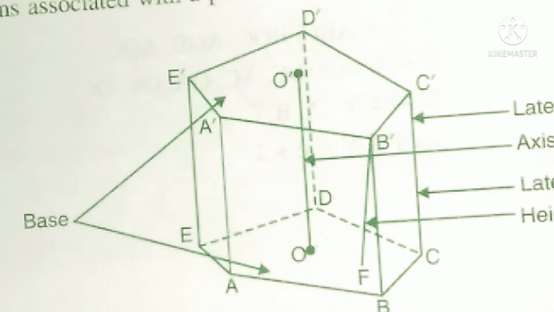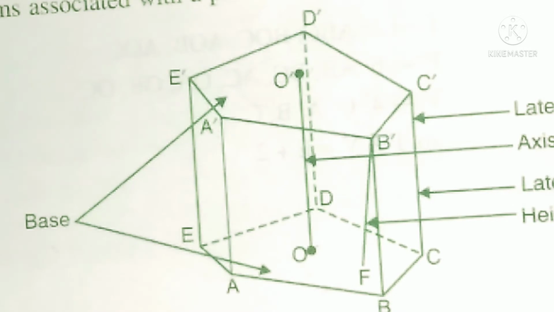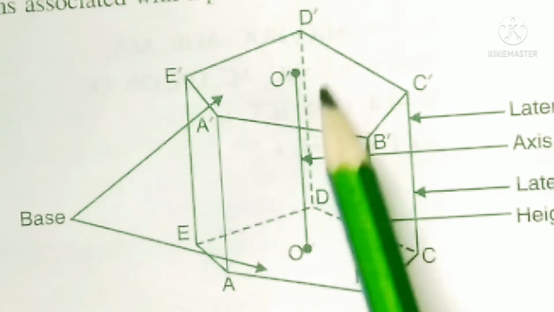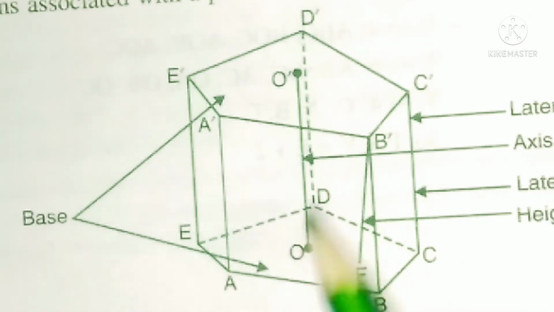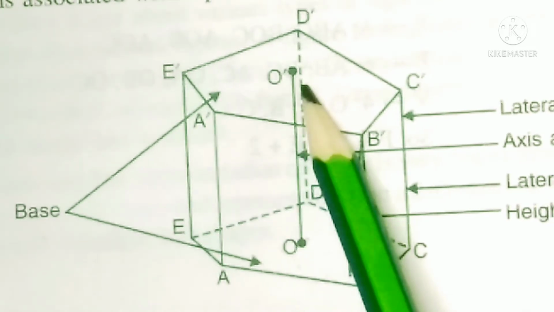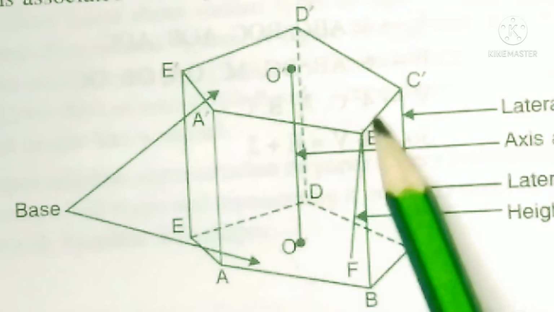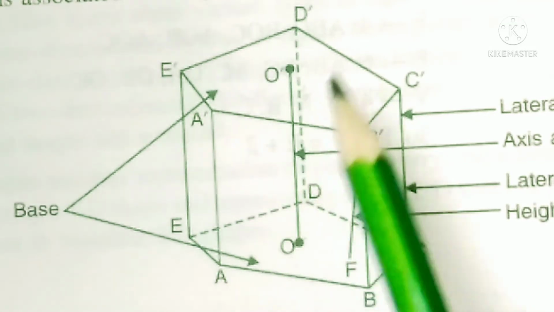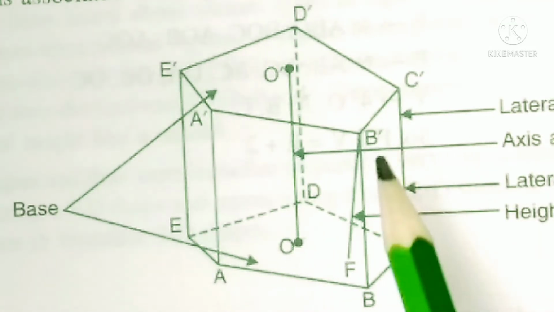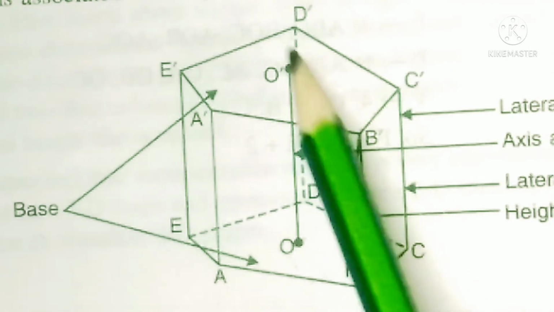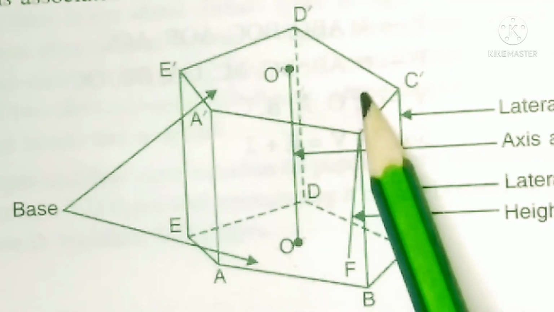Okay. Now if you see different types of prisms, some prisms have bases that are regular polygons. Here it is not a regular polygon. If all the 5 sides are equal, then we call it regular. So any polygon with equal sides is called a regular polygon.